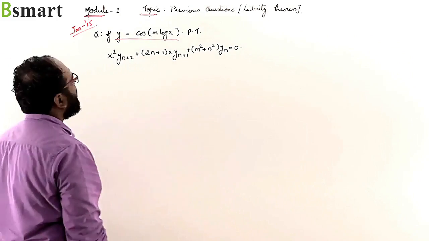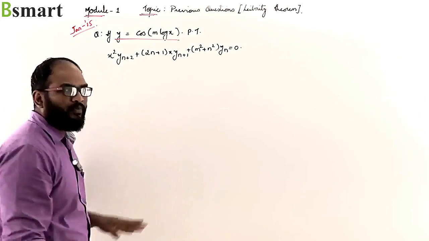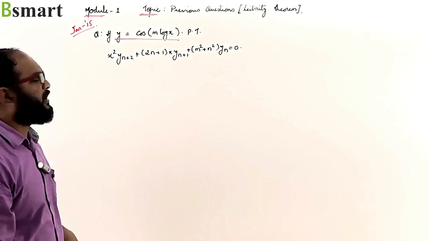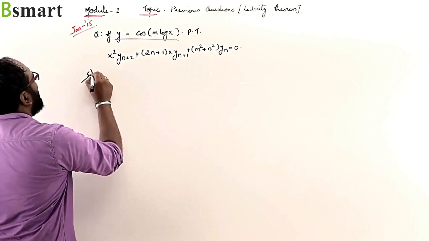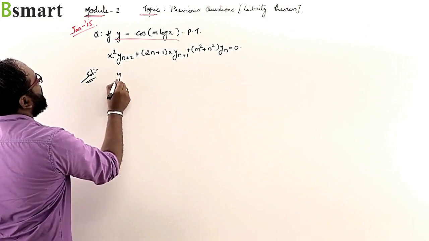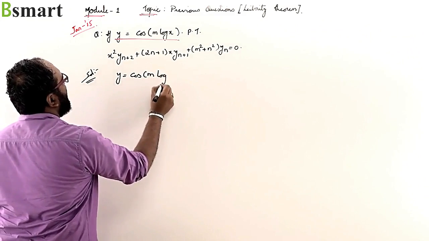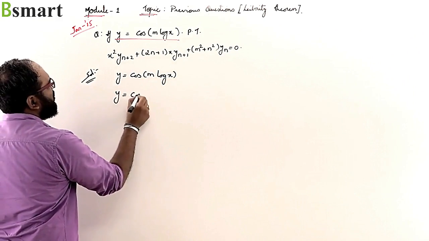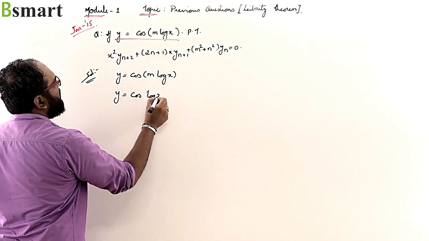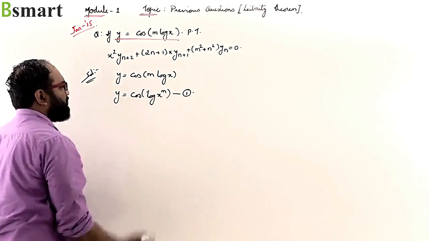Now first we'll build a relation between y, y1 and y2, and then later on we'll apply the nth derivatives. So let us say, given y is equal to cos of m log x. Now can I write cos of m log x as cos of (log x) to the power m? Let us say this is equation 1.